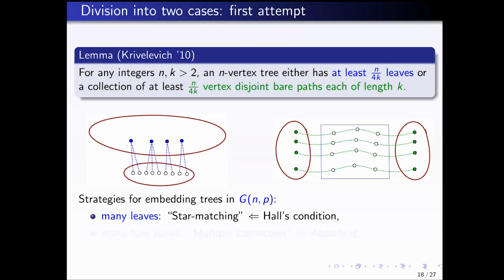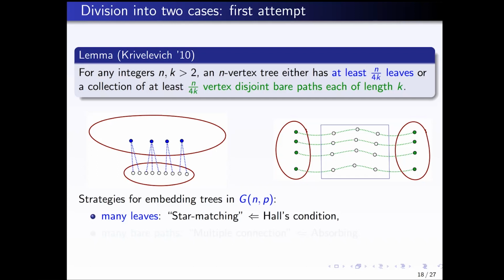If your tree has many leaves, you take epsilon n leaves out, embed the almost spanning tree, and now the rest of the job is to match them by a star matching. For that, you can expose another copy of your G(n,p) by multi-round exposure, a simple trick, and then you just find the matching by Hall's condition. This is how this case is handled in Montgomery's proof. He didn't even write it down because this is done.